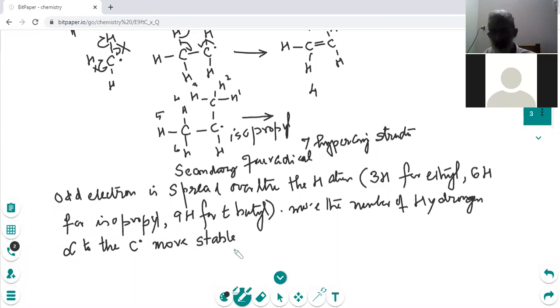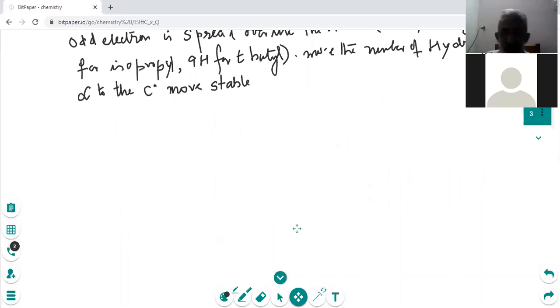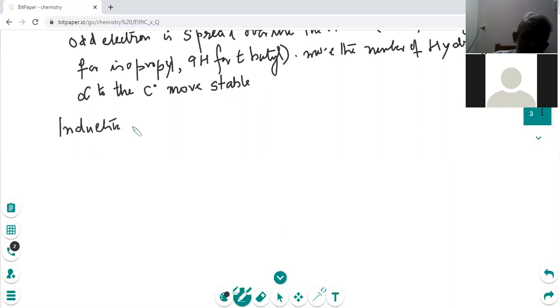Right? Now see here, this is hyperconjugative effect. So, inductive effect destabilizes, hyperconjugative effect stabilizes. So, what is the net result? The one which is more powerful will win the race. Okay, so I'll write in brief: inductive effect destabilizes.